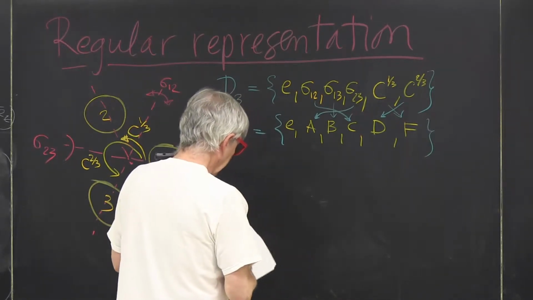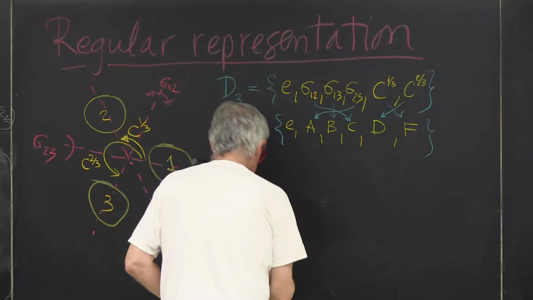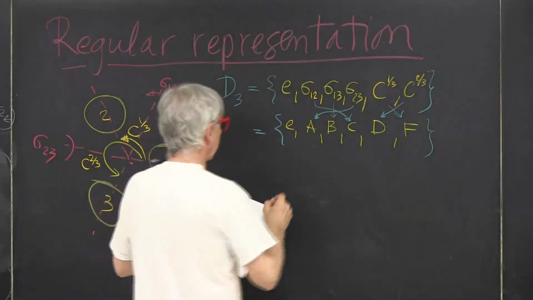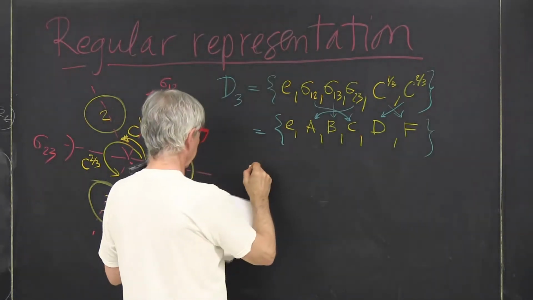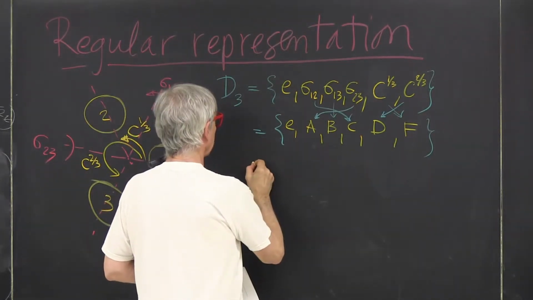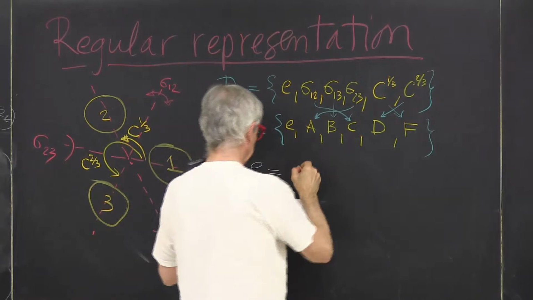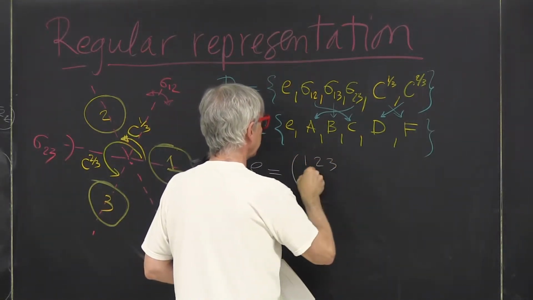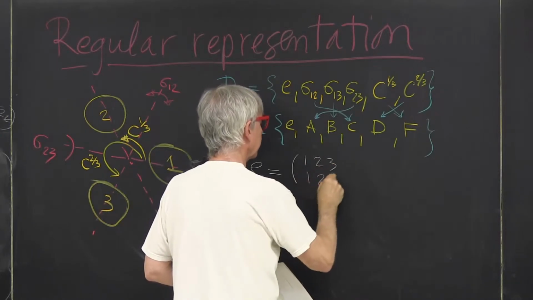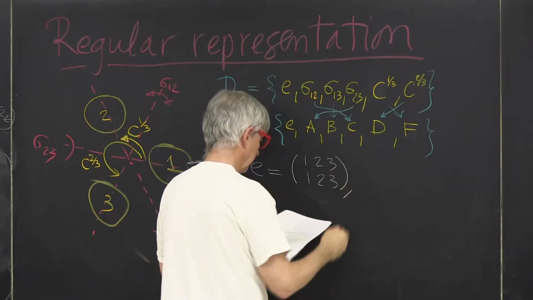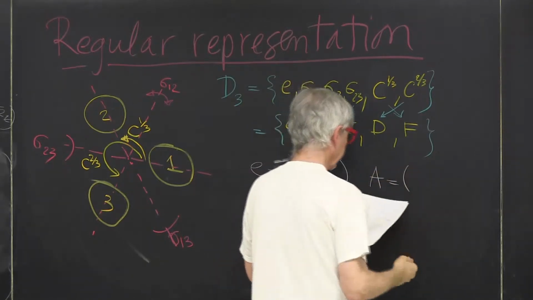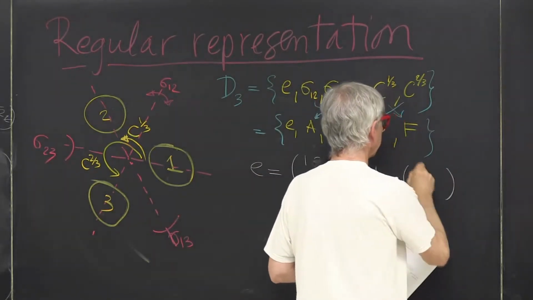And now I can write these things in a different notation, which is often convenient. I'll write them in permutation notation. So I'll call the identity, I start with 1, 2, 3, and after I've done my thing, they're still in the same order. Then I start with 1, 2, 3.